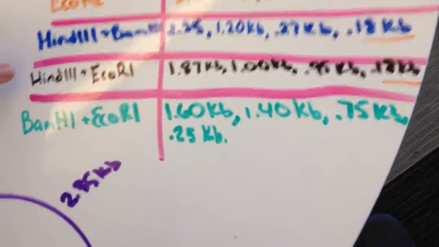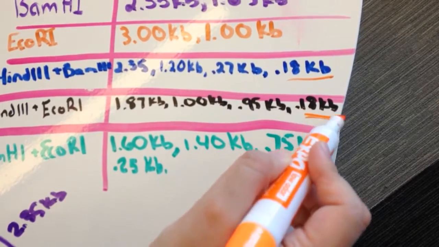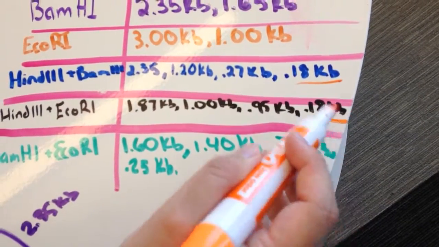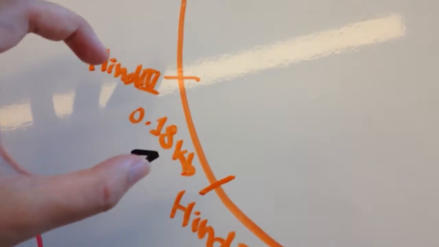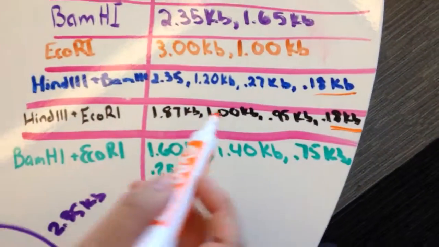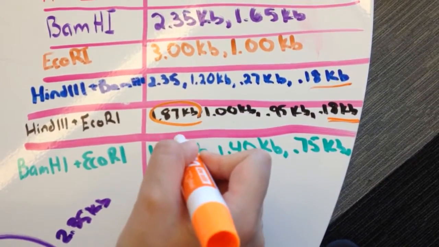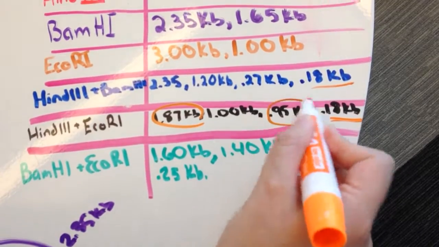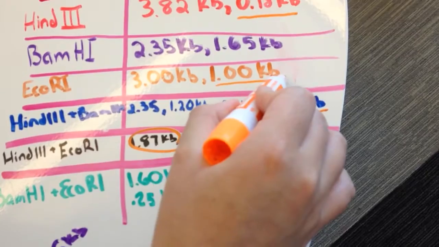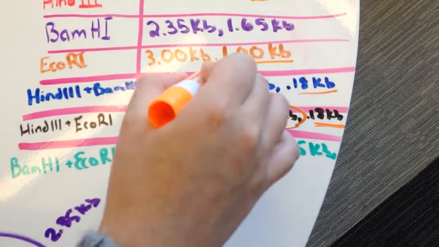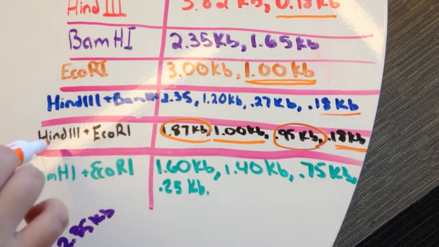So we're going to use the second to the last one because we already know where this 0.18 kilobase is located. So it's right here. And we're going to find where 1.87 kilobase and 0.95 kilobase is at. We know that EcoR1 has one long kilobase that is contained in both only EcoR1 and the combination.